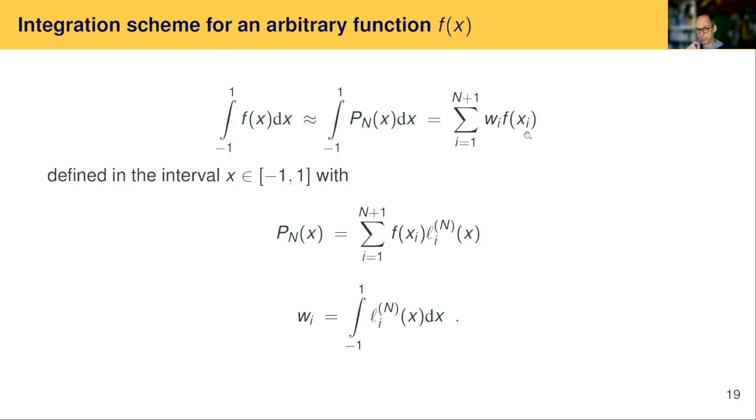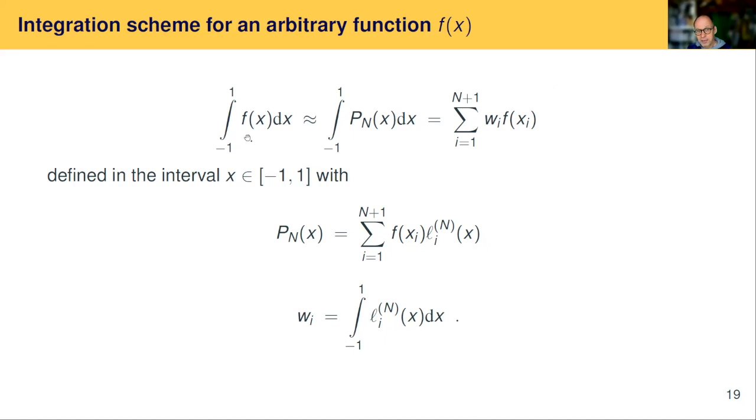It's the most important part. The same collocation points as the Legendre collocation points. These are called the Gauss-Lobatto-Legendre points.